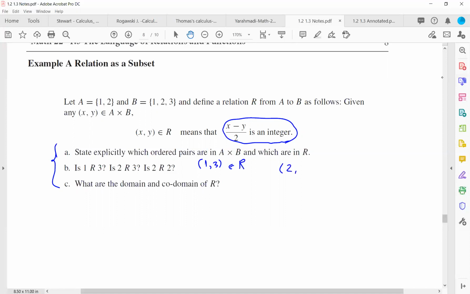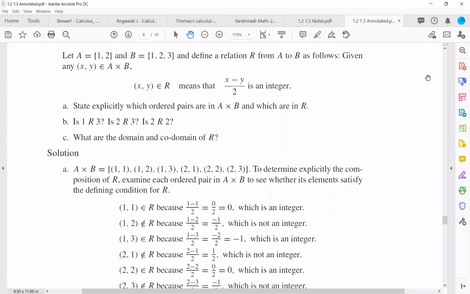Is 2 and 3 a point in the set R? Is 2 and 2 a point in the set R? And finally, what are the domain and codomain of R? R is just the relation that we defined here. Please pause the video, think about this question, then we go over the solution together.